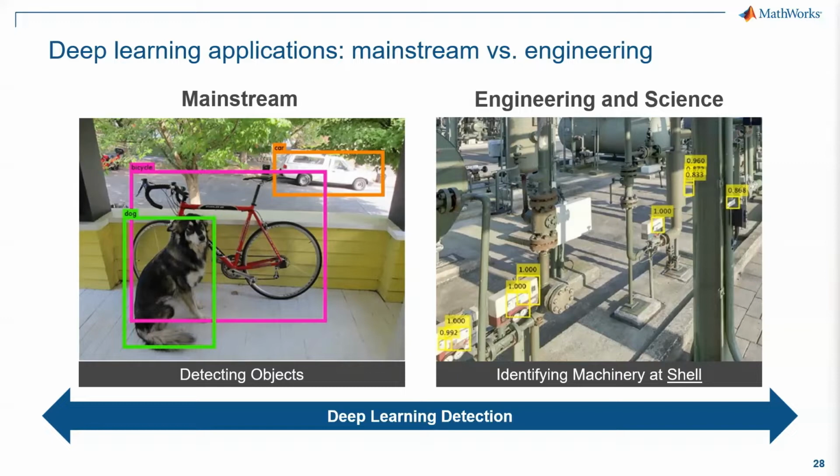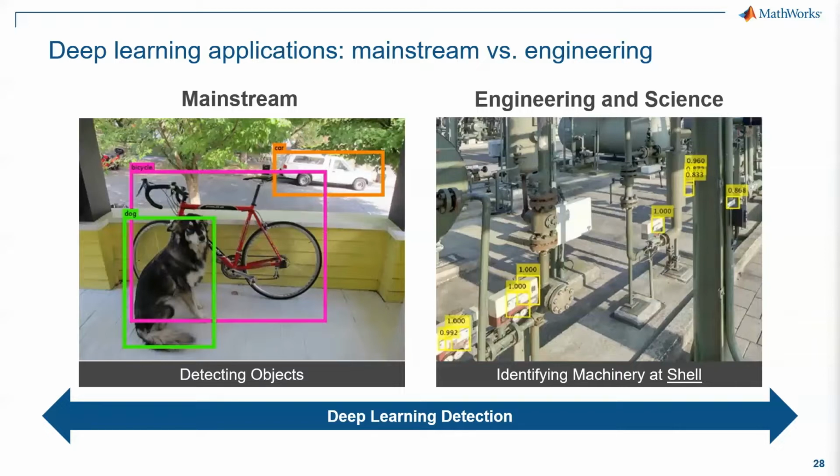One such example is deep learning object detection, which is where a trained deep learning detector will scan an image or video frame to find certain objects. It will not only find the objects in the image, but will draw a bounding box around it, like you see in the image on the left side.